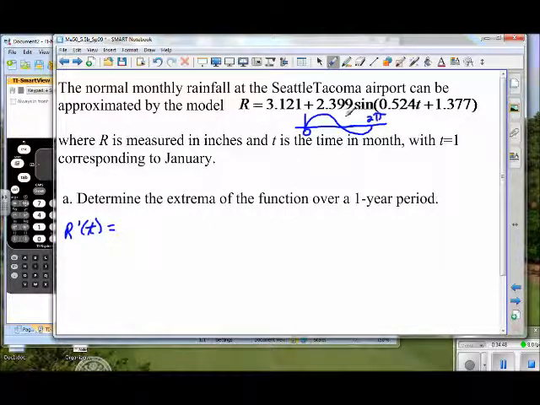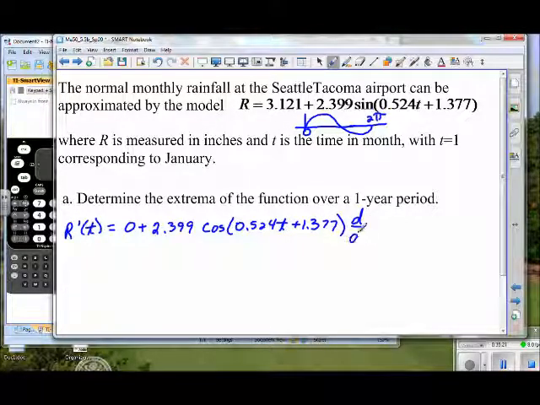So let's go through and take this derivative. We would end up with 0 for the first term, so we'll just put a 0 there. The second one, you've got the coefficient of 2.399, and we have the sine of this quantity. The derivative of sine is cosine of that quantity, times the derivative with respect to the input variable of that inside function.